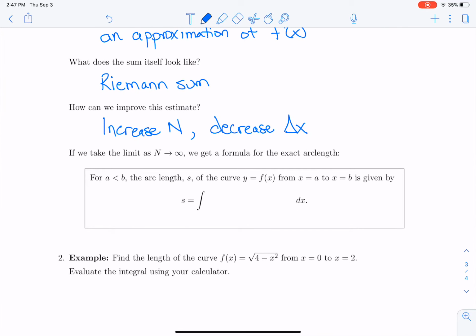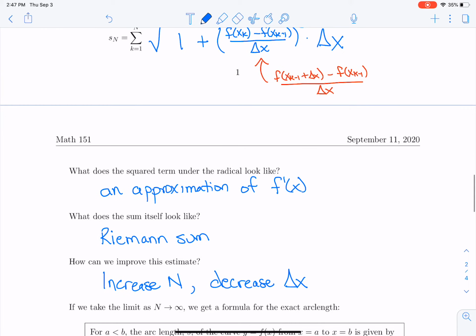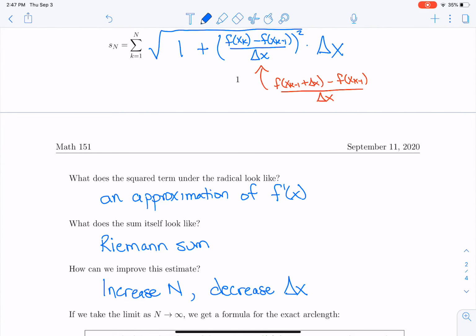What is it an integral of? It's going to be the integral of the square root of 1 plus something squared dx. What is in the square term? Well, as we said before, what's in the square term is an approximation of f prime of x. And if you look at that approximation and you let delta x go to 0, then that actually becomes the derivative by the definition of the derivative.